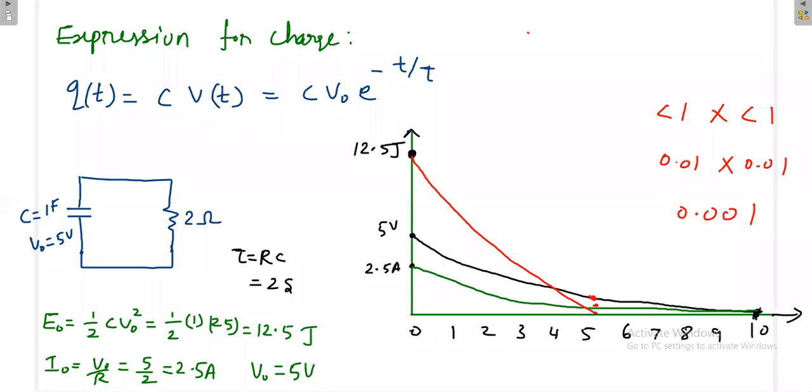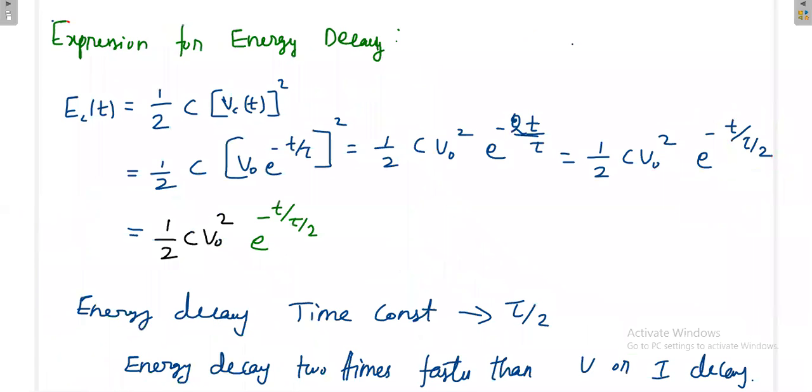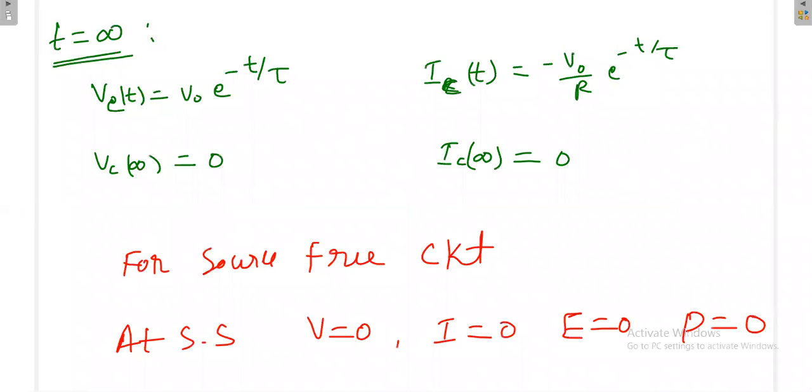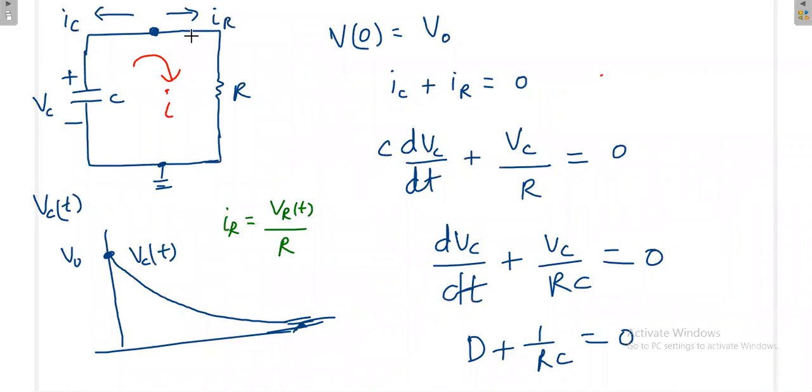Next, what is the power dissipation across the resistance? Because finally across the capacitor we are connecting the resistance, and some current is flowing through the resistance. Whenever the current flows across the resistance, irrespective of the current nature, let it be AC or DC, time varying or constant, definitely there will be a power dissipation.